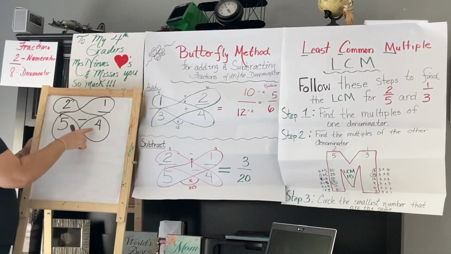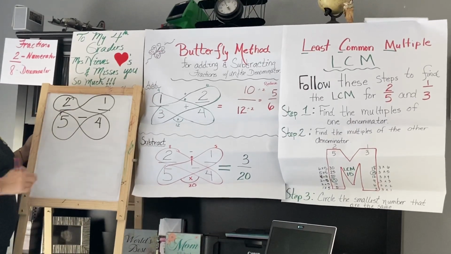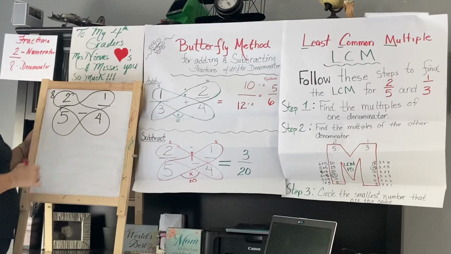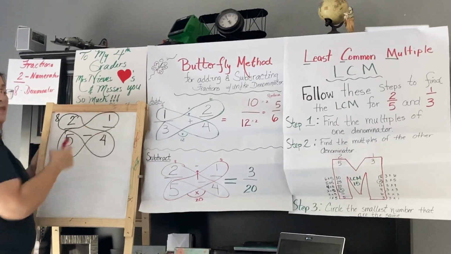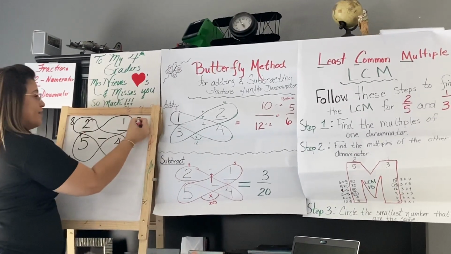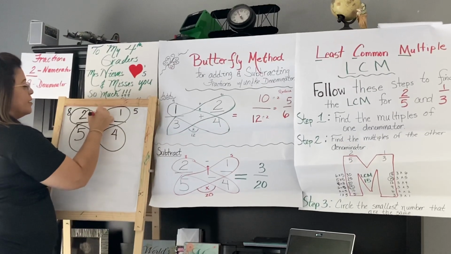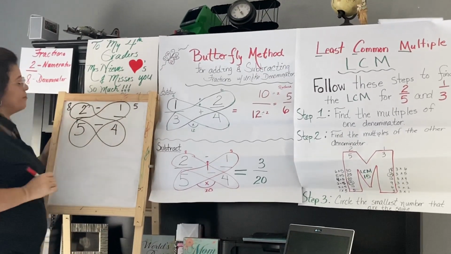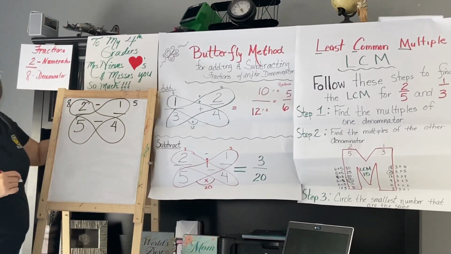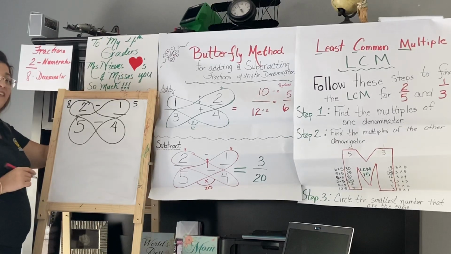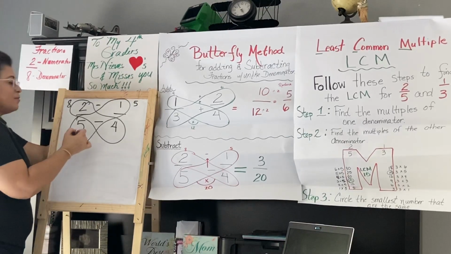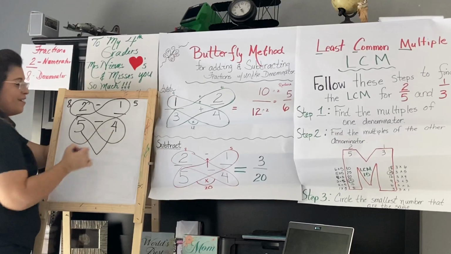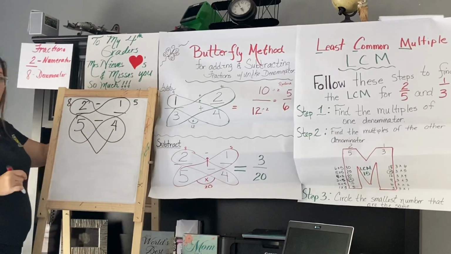So we got 2 times 4, which equals 8. And 5 times 1 equals 5. Let's put our subtraction symbol there. And then what's our next step? Let's see if you guys remember. Yes, we multiply our two denominators together.